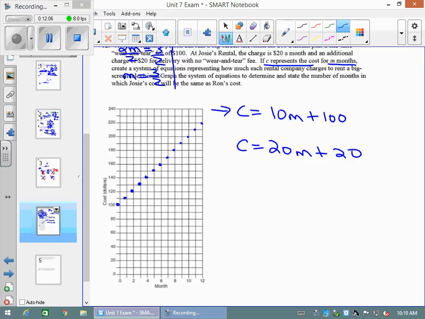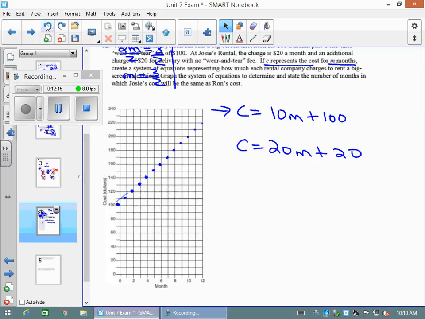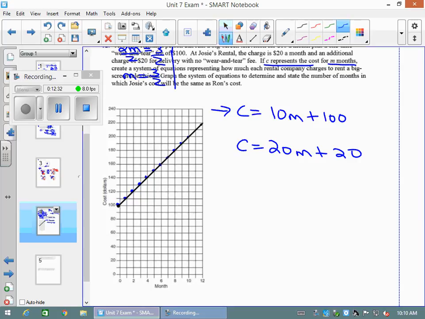I'm going to use the line tool because it looks like the smartboard is not calibrated so great. It's a little bit more precise. I'm going to label my line. I can actually draw an arrow to it.